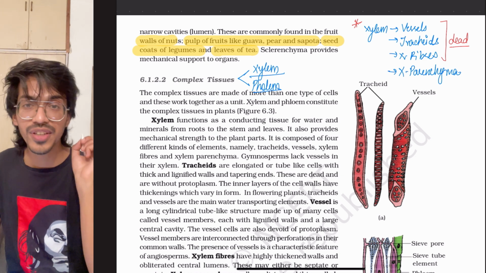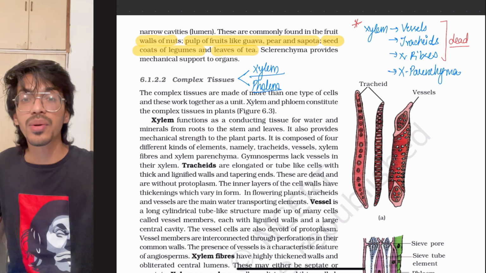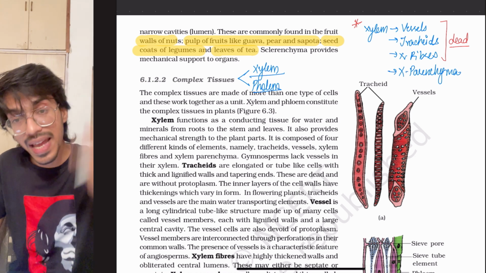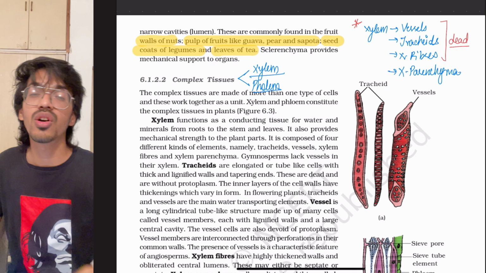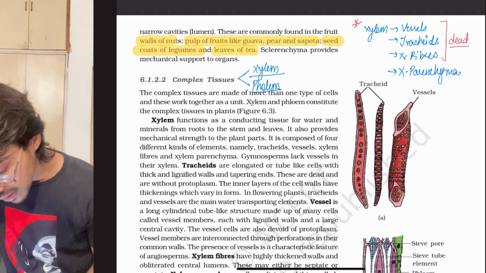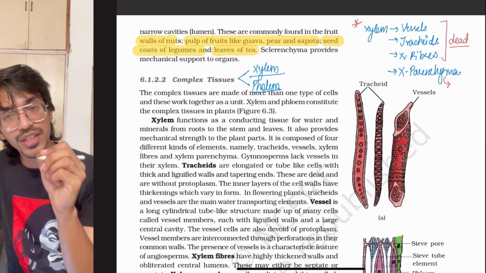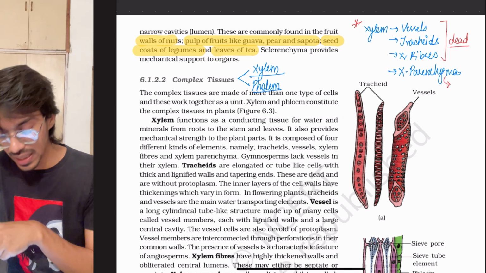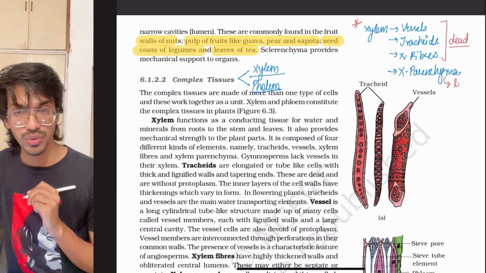Lignification is there because xylem not only conducts water and minerals, it also gives mechanical strength to the body, because they are present in the center region of the plant. Xylem parenchyma is the only tissue among the four xylem tissues which is live. This question will be asked to you.